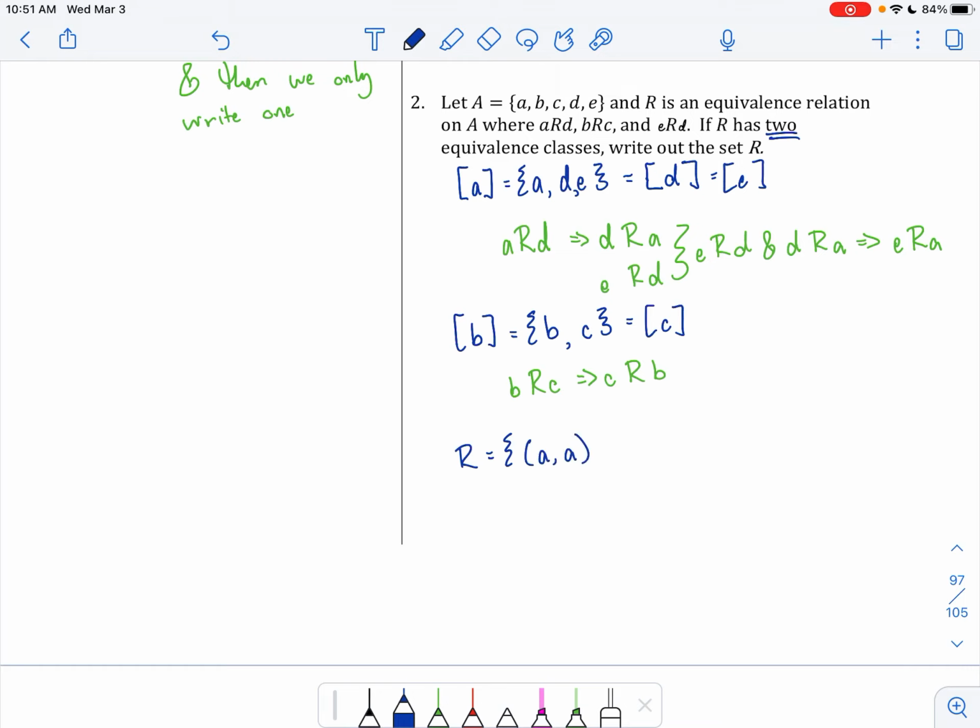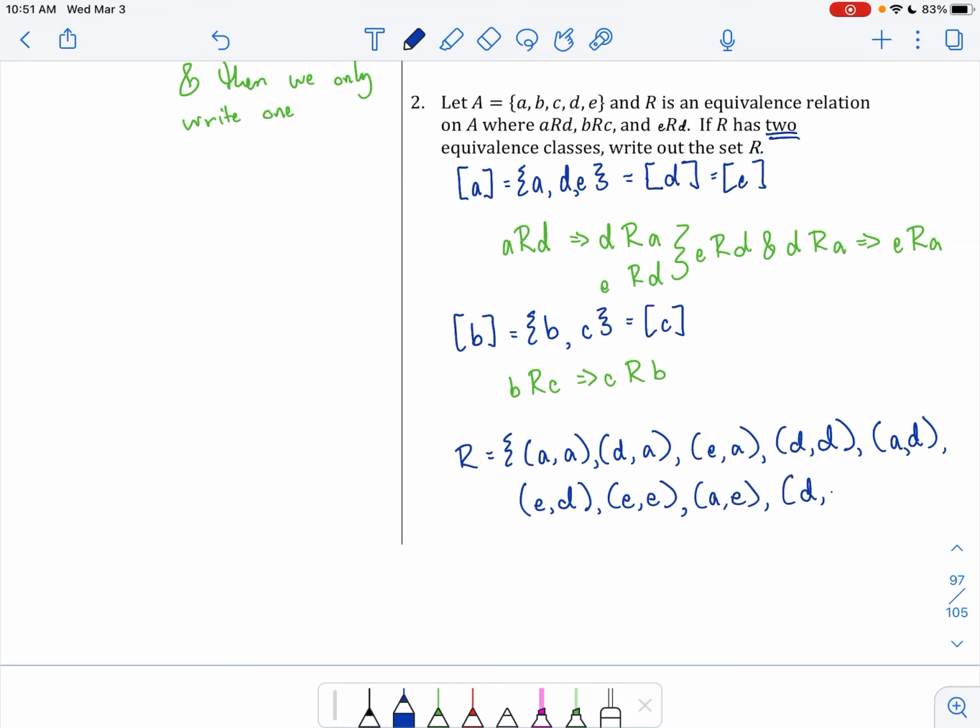We get AA, and then DA, then EA, just written out as it is, but that's also the equivalence class of D, so DD and AD, and finally E, so ED, next EE, AE, and DE.